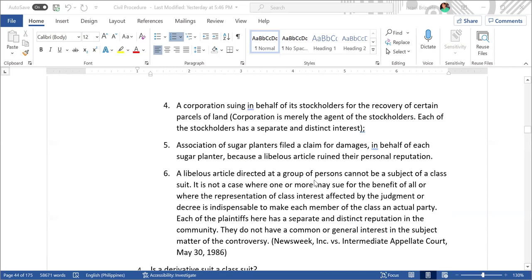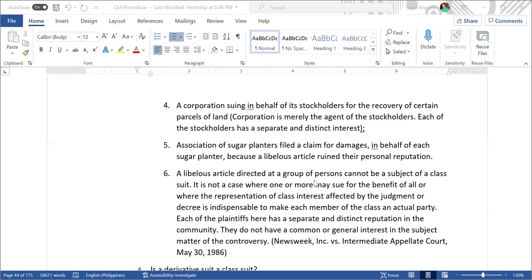The Association of Sugar Planters filed a claim for damages on behalf of each sugar planter because a libelous article ruined their personal reputation. A libelous article directed at a group of persons cannot be the subject of a class suit.